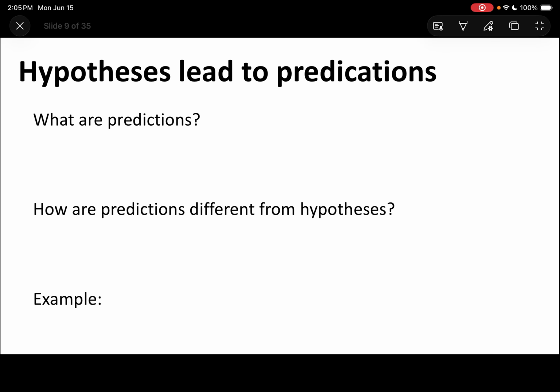Okay, so the hypothesis needs to lead to a testable prediction. Well, what is a prediction? A lot of people use hypothesis and prediction interchangeably, but they are not the same.